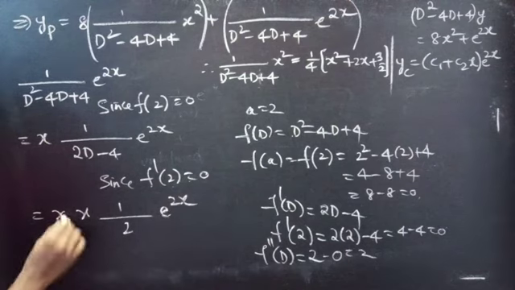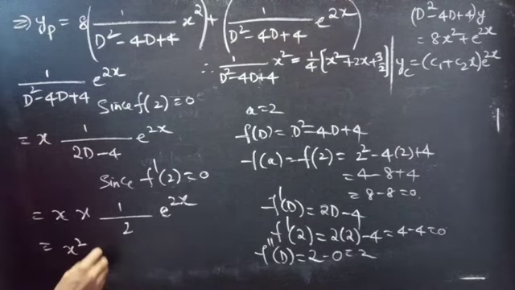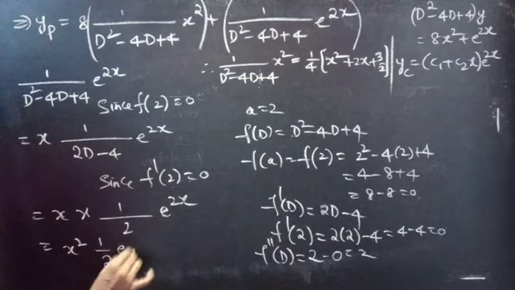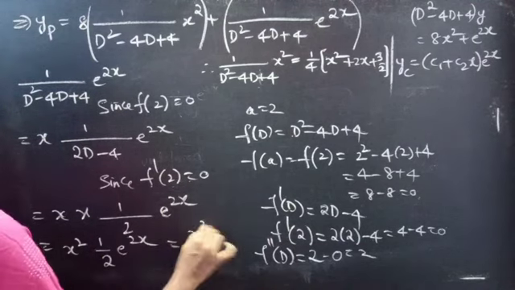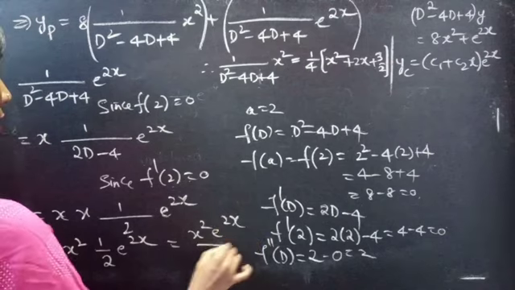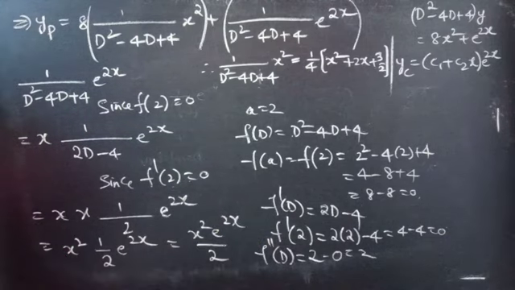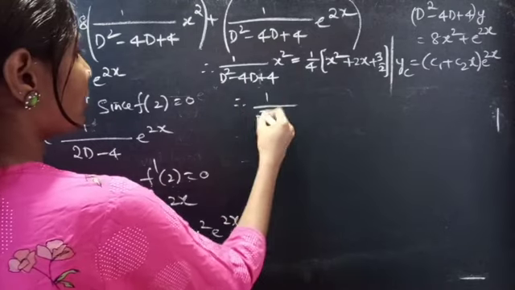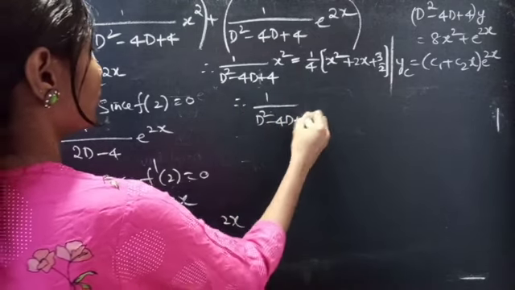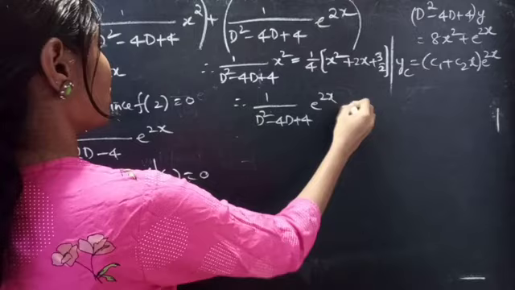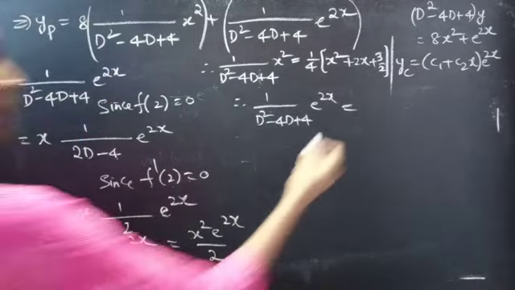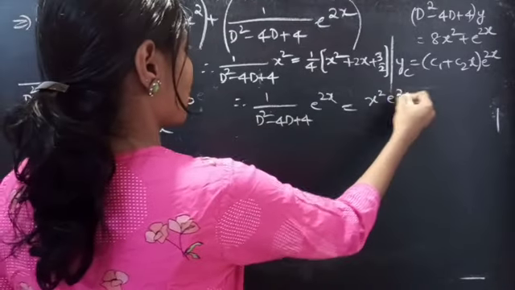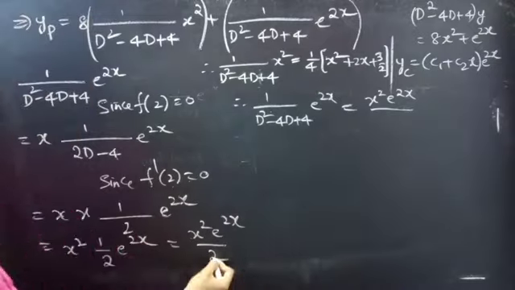This equals x into x, x square into 1 by 2 into e power 2x, which equals x square e power 2x by 2. Therefore, 1 by f of d into e power 2x is x square into e power 2x by 2.